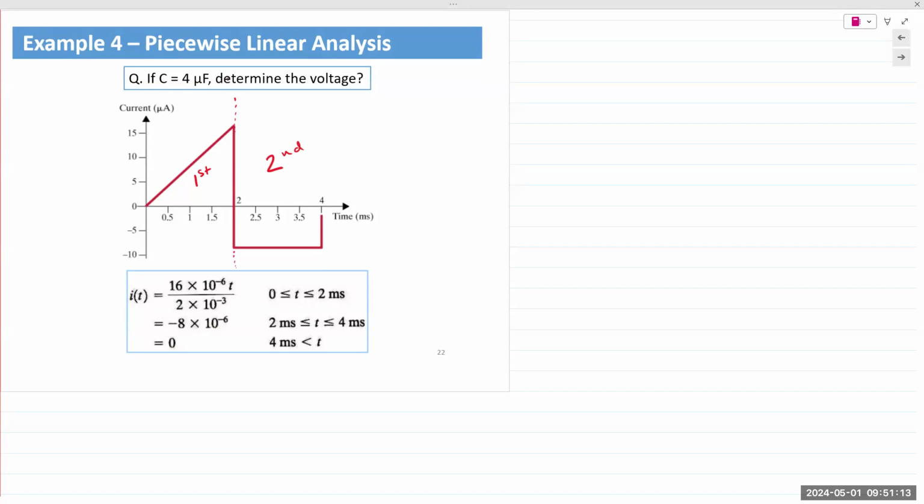And we have to add that stored energy into that capacitor when we do our voltage calculations. That was represented by the quantity V of T0 or V of 0. And the 0 in this case simply means the time at which you begin your analysis. So if we break this up into two parts, for T1, the analysis begins at 0 and ends at 2 milliseconds. For time period T2, the analysis begins at 2 milliseconds.